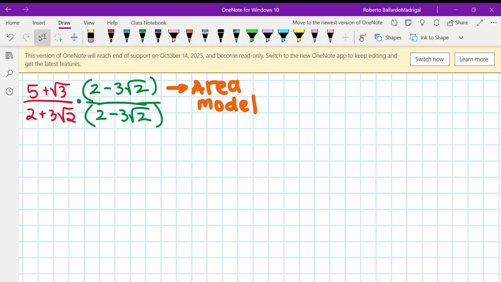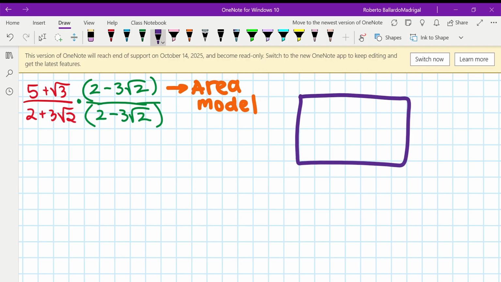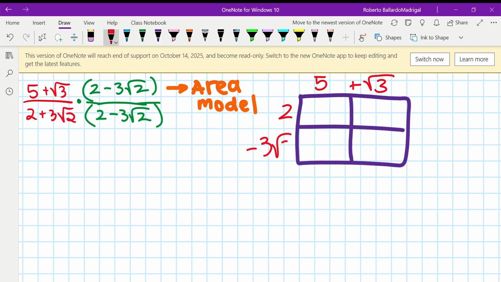Okay. So for the area model, we're going to get the following. We take 5 plus radical 3, and we take 2 minus 3 radical 2, and then we multiply it to get the stuff on the inside.